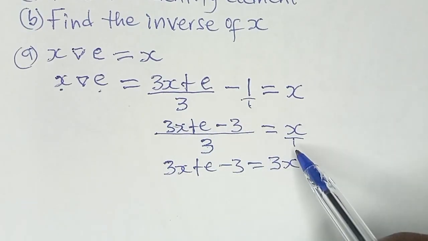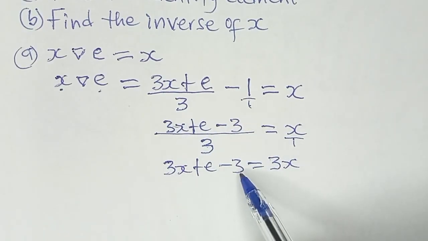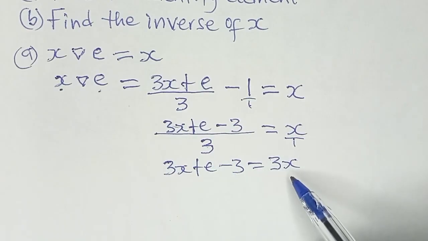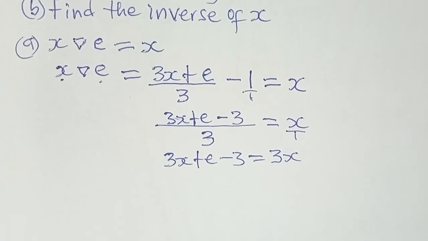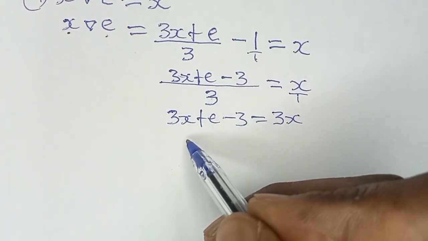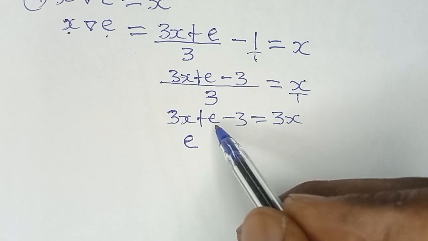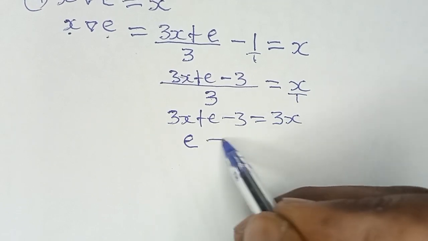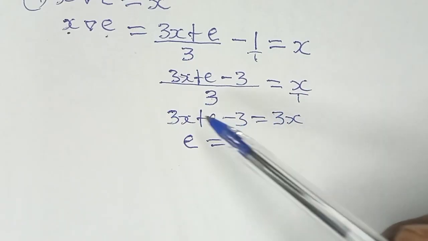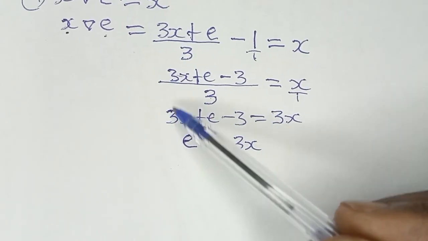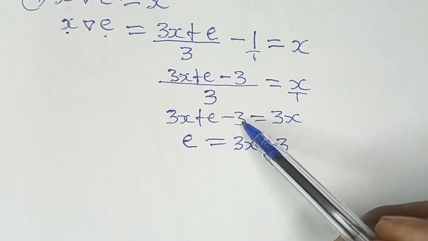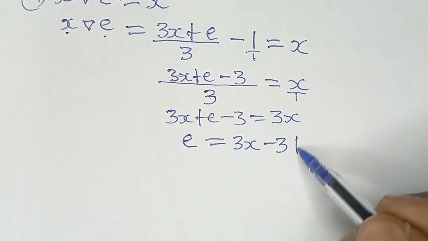So I can simplify further in order to find the identity element E. Let me leave E on this side, which is the identity element that I'm looking for. It's equal to 3x, which is here already, and this positive 3x, when it comes to this side, becomes negative 3x. And this negative 3, when it comes to this side, becomes positive 3.